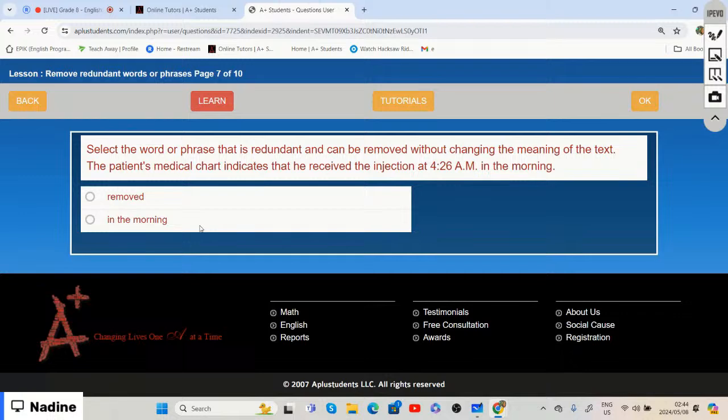And the last one, we're going to say that the patient's medical chart indicates that he receives the injection at 4:26 a.m. in the morning.